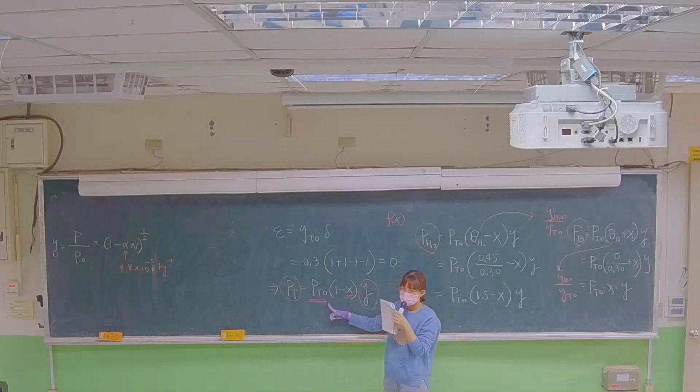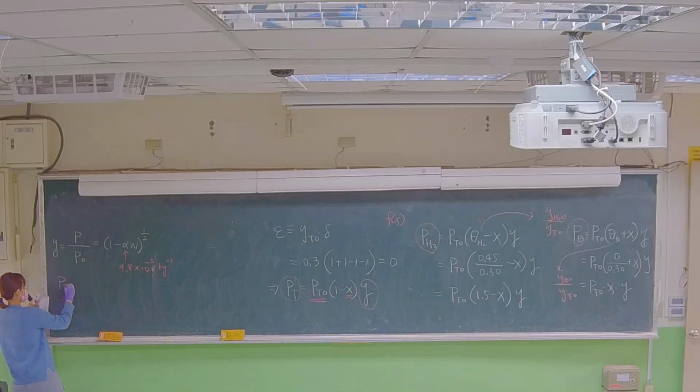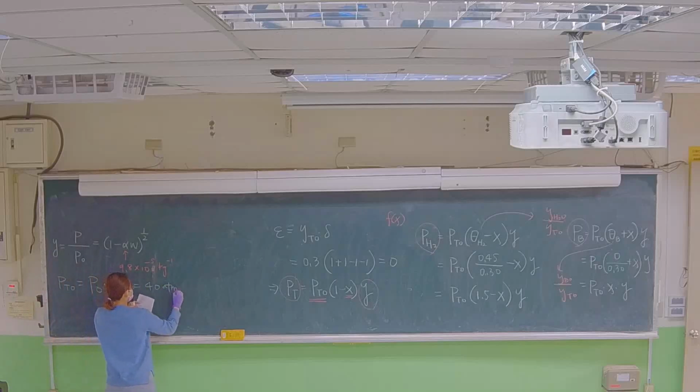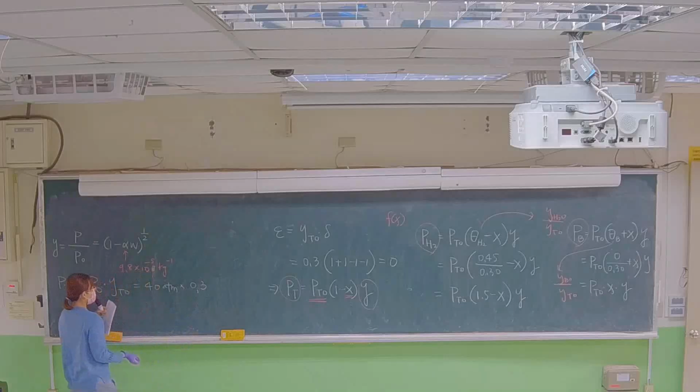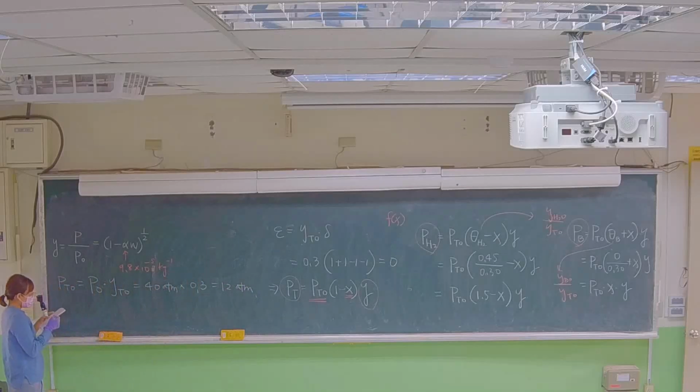Now let's find PT0. Do you know PT0? It is easy, because P0 is the total pressure times the initial ratio. Total pressure is 40 atm, and the initial ratio for toluene is 30%. So this is PT0. We will use the polymath.